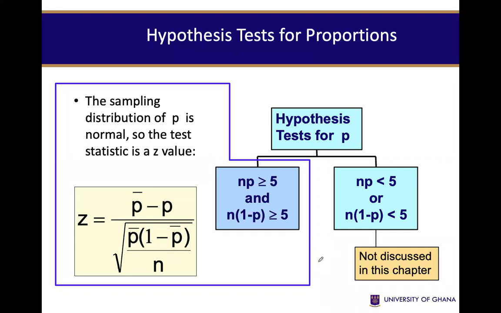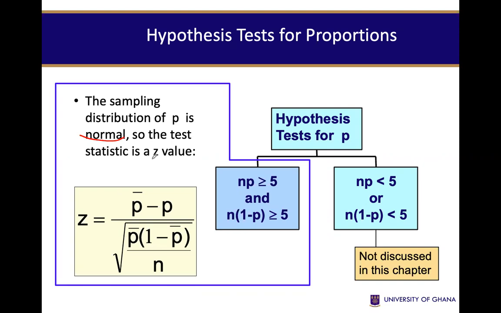The other side, we are not going to look at it. Okay, so maybe that's hallelujah for you. All right, so that is what we have in specifying that the distribution is a normal distribution, because it has met these 2 criteria.